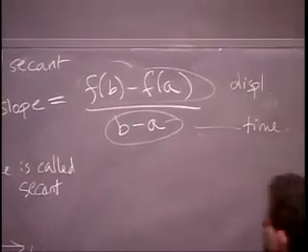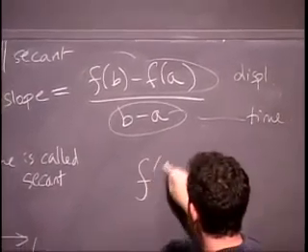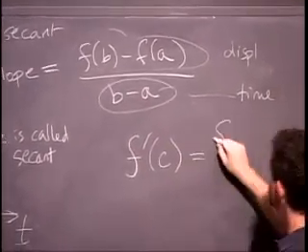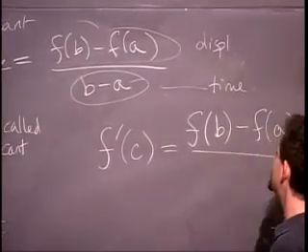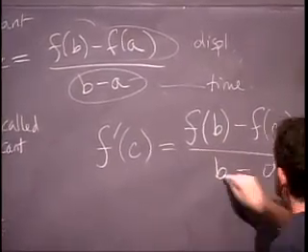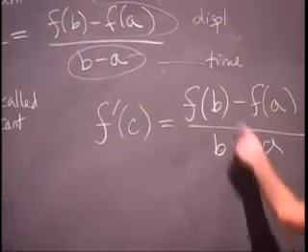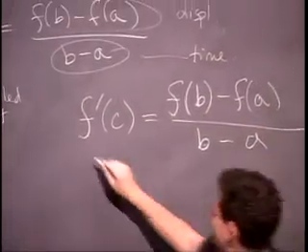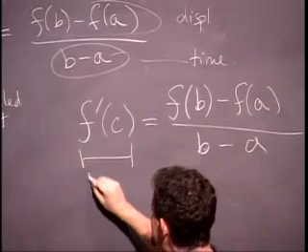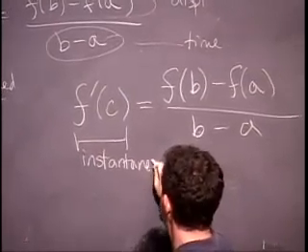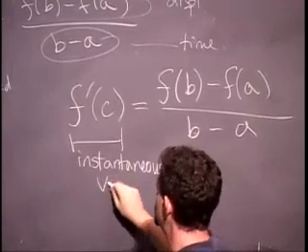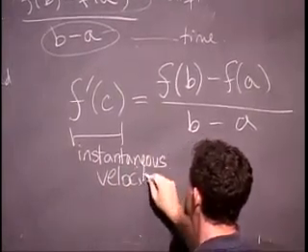And so, when I write down f prime of c, in this context, with these interpretations of a and b being times, and f of b and f of a being positions, this is the velocity, or the instantaneous velocity, speed if you prefer, as long as you don't backtrack.